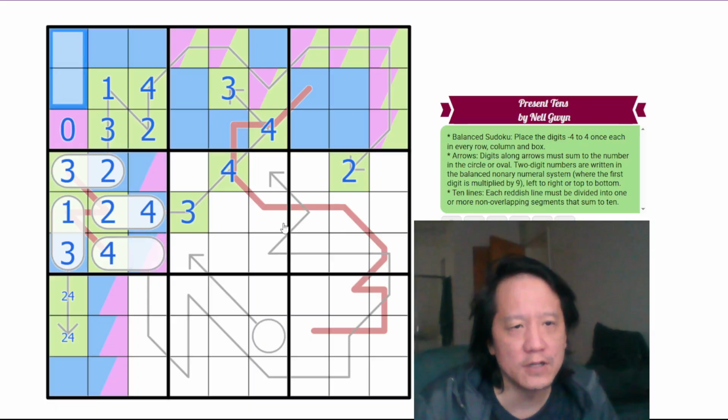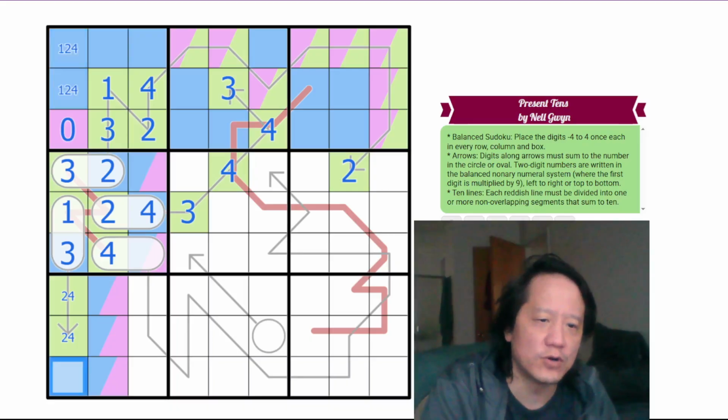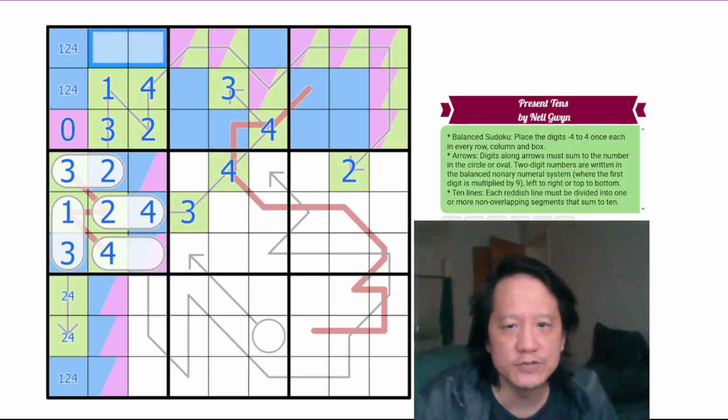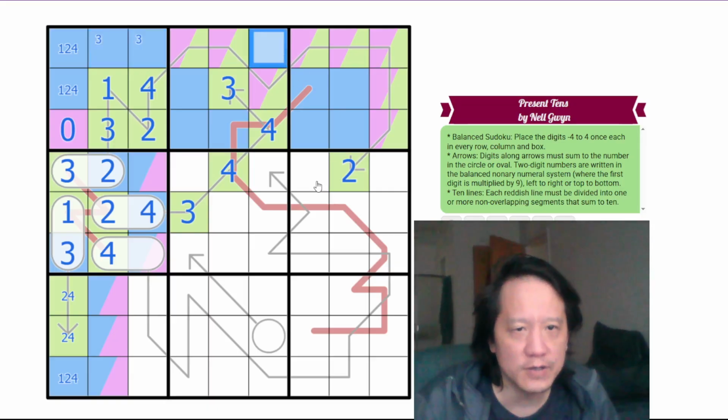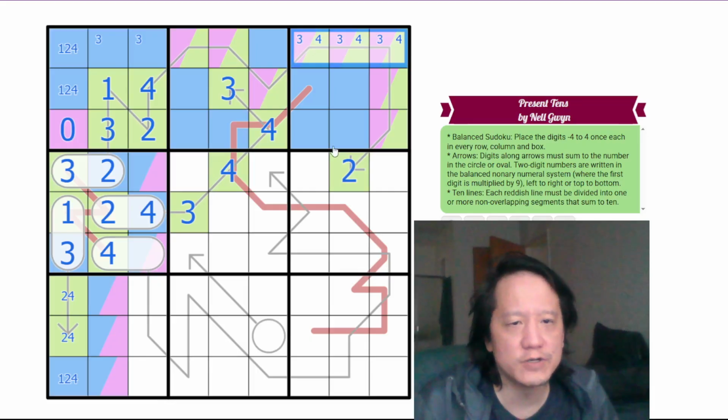Remaining digits in column 1, we are missing negative 1, 2, and 4. Okay. Therefore, negative 3 has to be one of these two. Therefore, this can't be negative 3 here. We have to have 3 and 4 here. We don't know where the last one is.